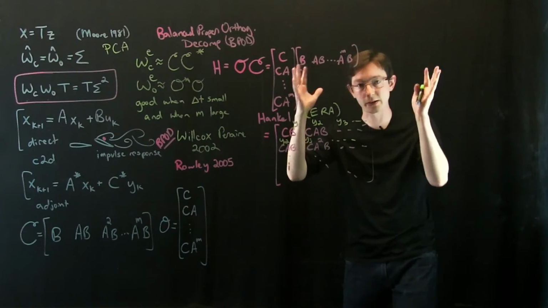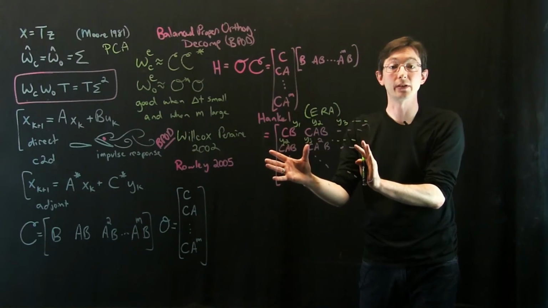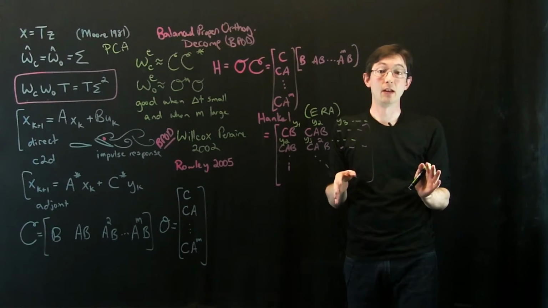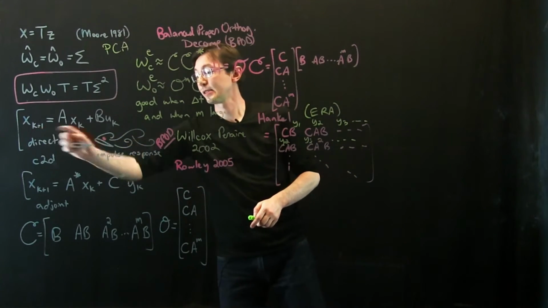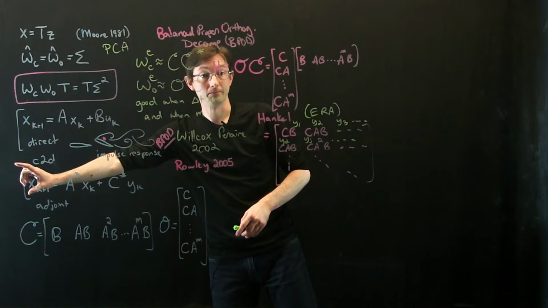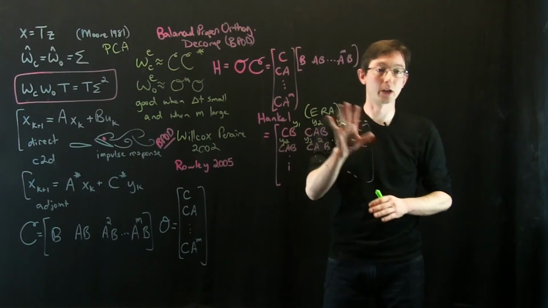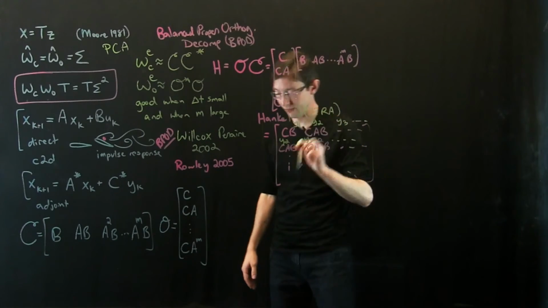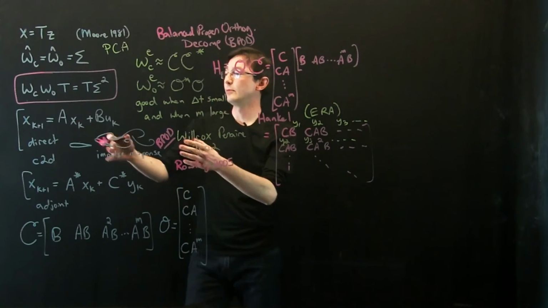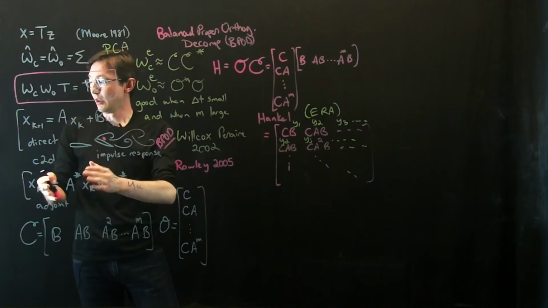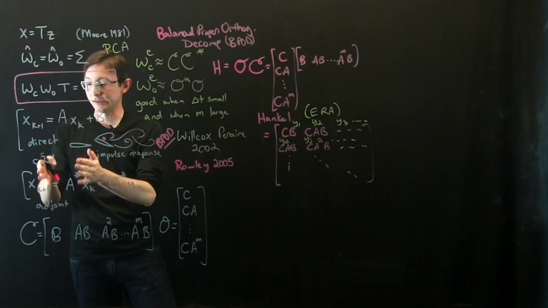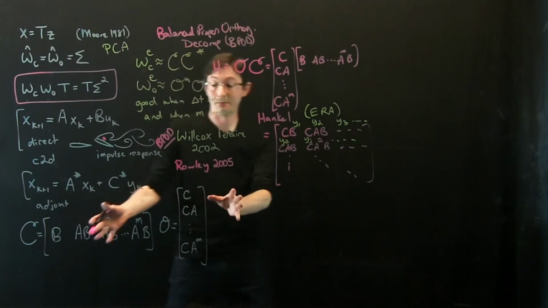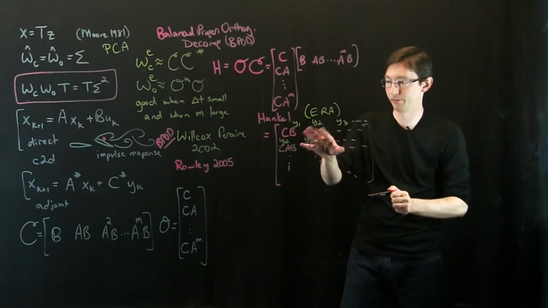So, long story short, I can actually compute this Hankel matrix from real experimental input-output data without ever having access to X or my adjoint system. Okay, and so we're going to talk about that in the experimental context later in terms of ERA. But for now, we're going to assume that we have access to our equations. We have access to adjoint equations. We can measure the full state, and we have these big data matrices.